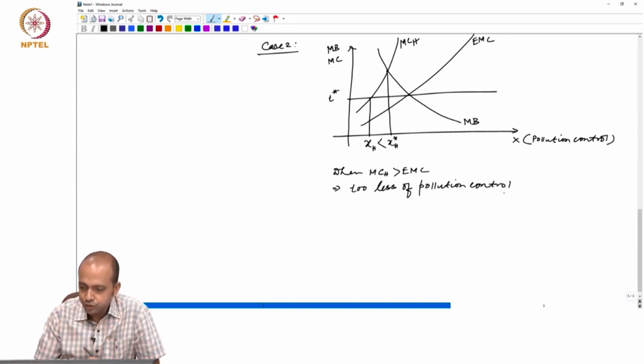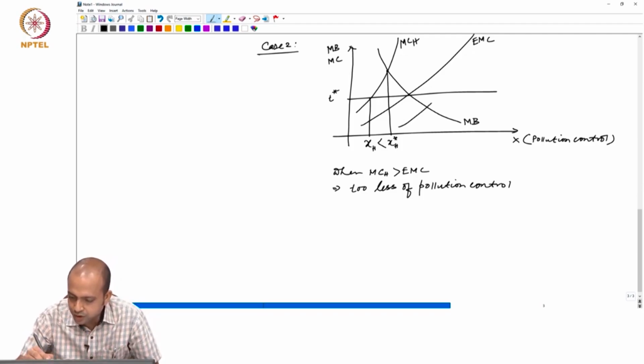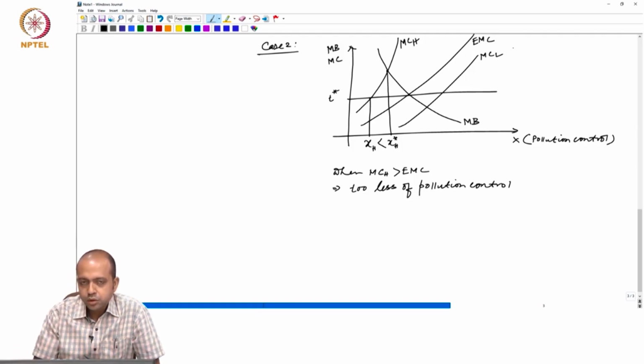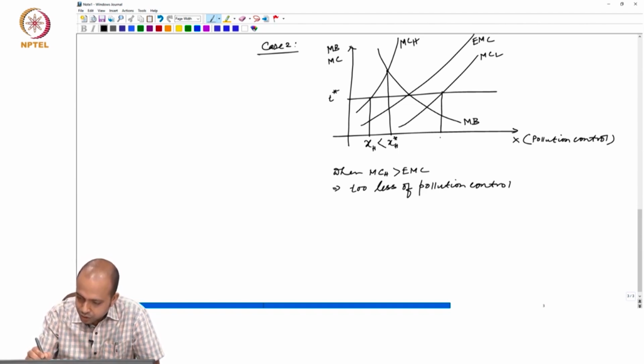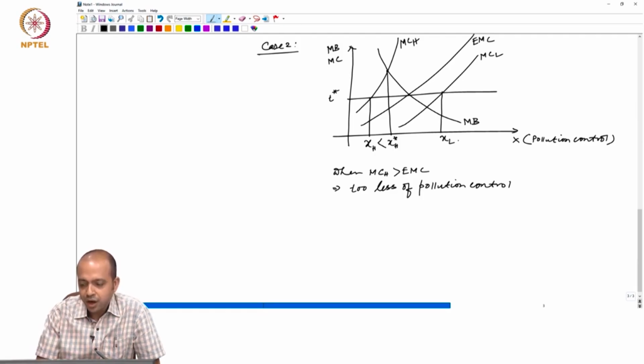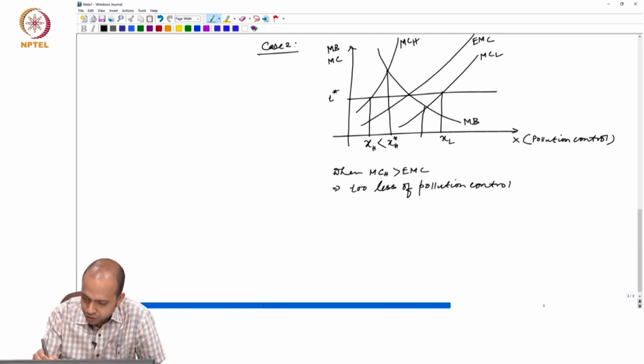But if this is lower than this, let us say this is MC low, then what is the private optima decided by T equals to MC? This is called, let us say, XL. But how much does the society want? Society wants this much by equating MB equals to MC.